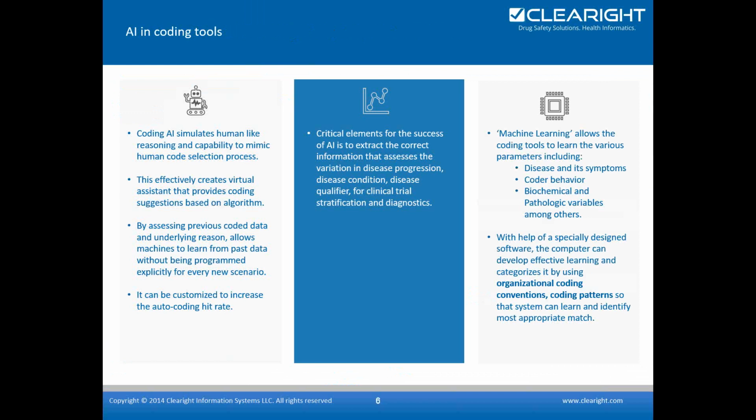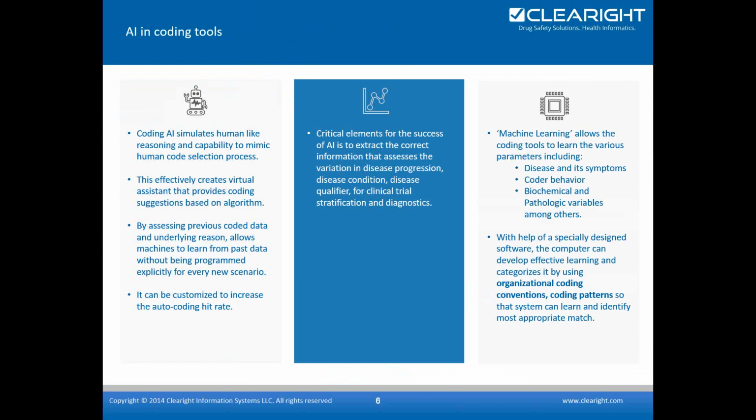For clinical trial stratification and diagnostics, AI mimics human thinking capability and behavior by evaluating previously coded data and the human action. It also allows the machine to learn from the data without being explicitly programmed. Machine learning allows the coding tool to learn various parameters including disease, its symptoms, coder behavior, biochemical and pathological variables.